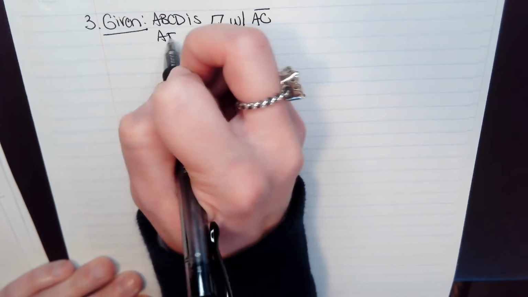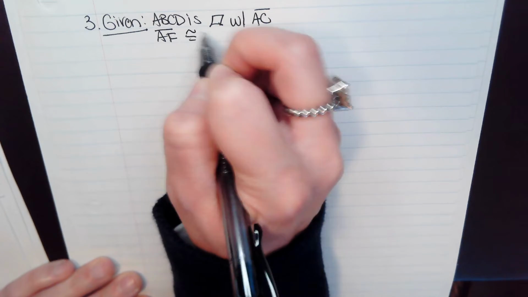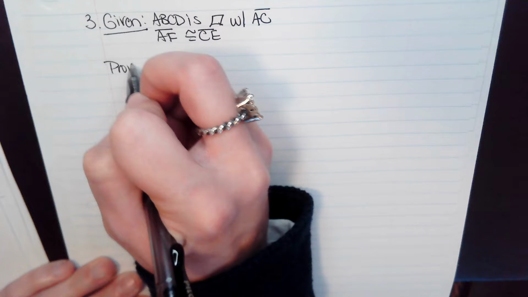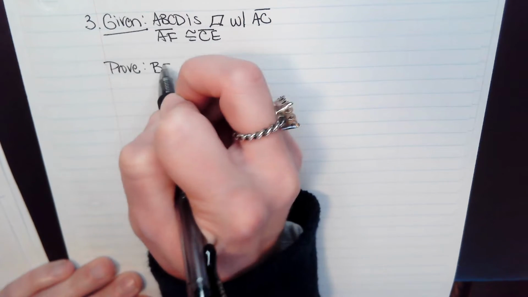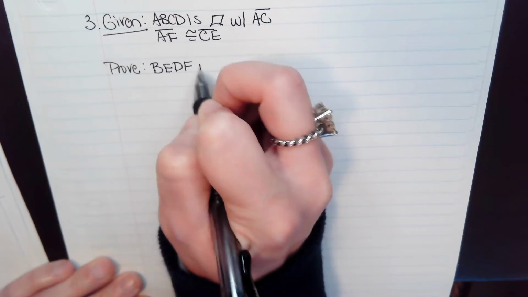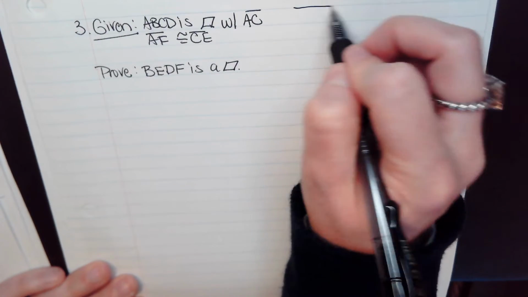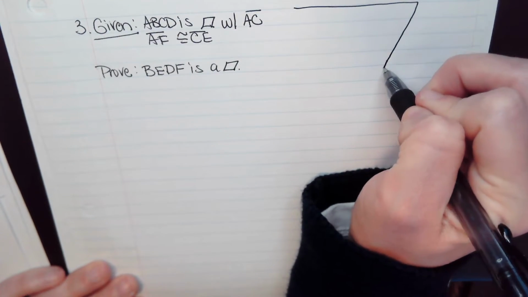And here's your given, segment FE congruent to segment CE. Prove that BEDF is a parallelogram. So again, both directions here. Here's your picture.